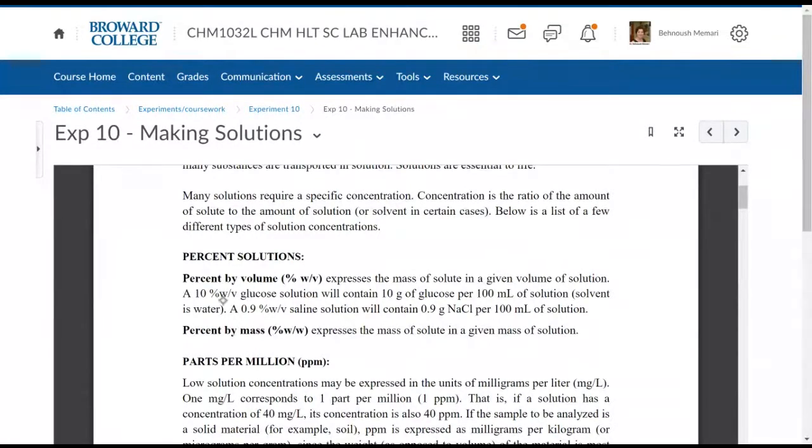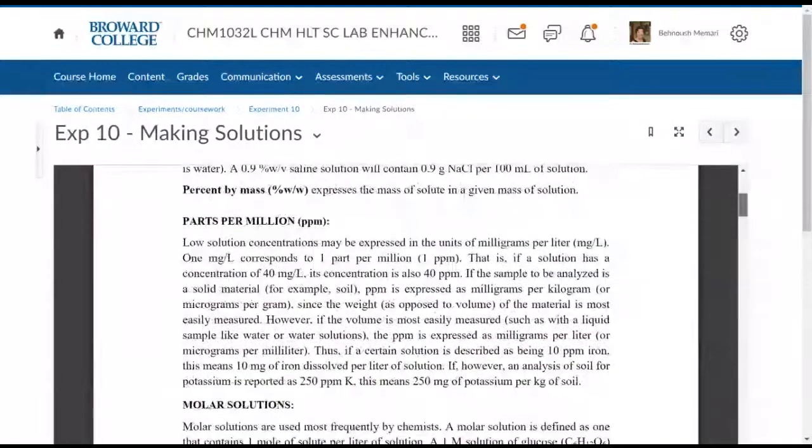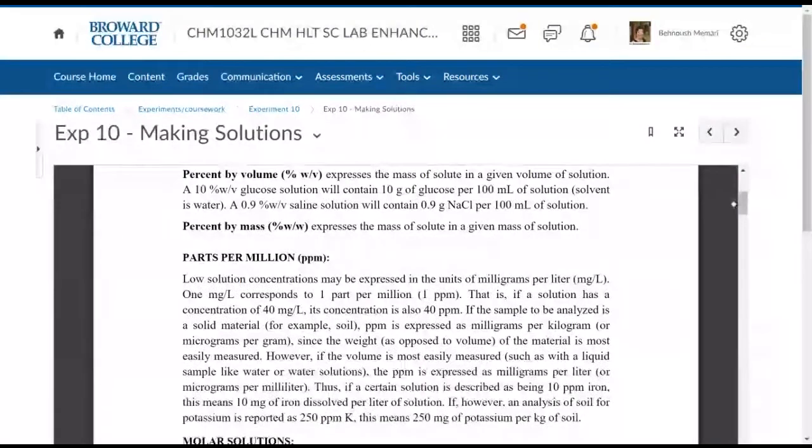If it's 10% W/V, W for weight and V for volume, that means 10 grams of that solute in 100 milliliters of solution, and this unit is very common. It is the volume of the solution, not just the volume of the solvent.